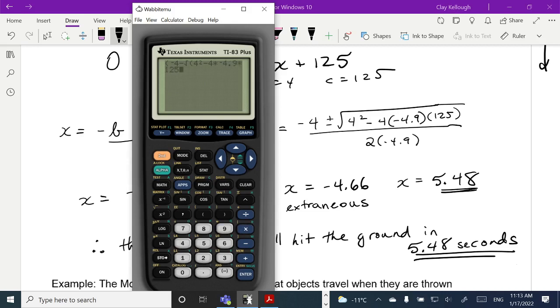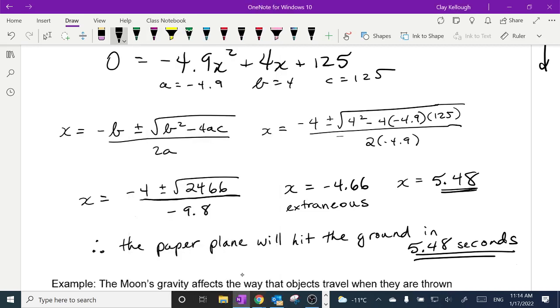Close the bracket for my square root, close the bracket for my numerator, divided by, open a bracket for the denominator, 2 times -4.9, close bracket, equals. If there's people going, why did you need a bracket for the denominator? Because once again, the calculator doesn't know to do this multiply before that divide without a bracket.